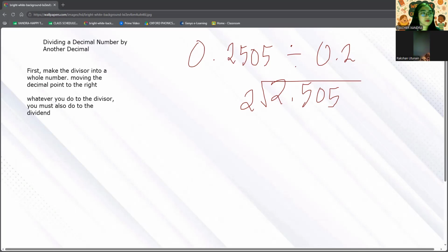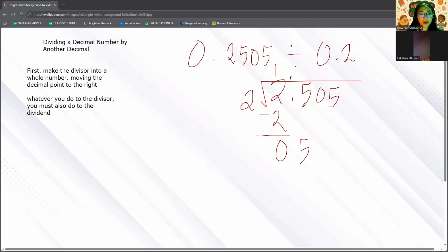Now you start. 1 times 2 is 2. Subtract it, bring down 5. Okay, and then also align the decimal point here.